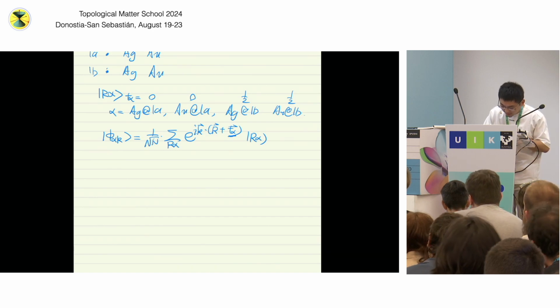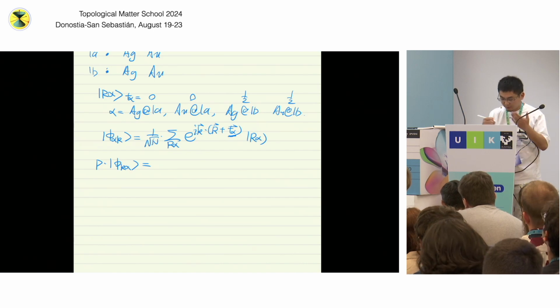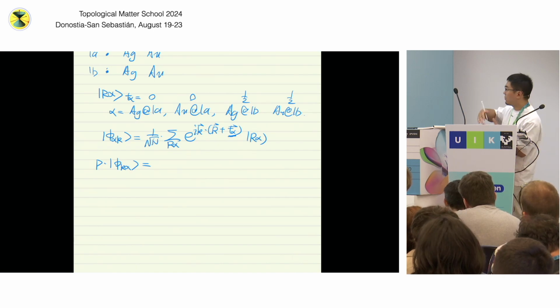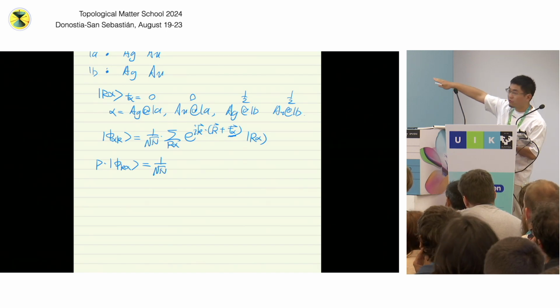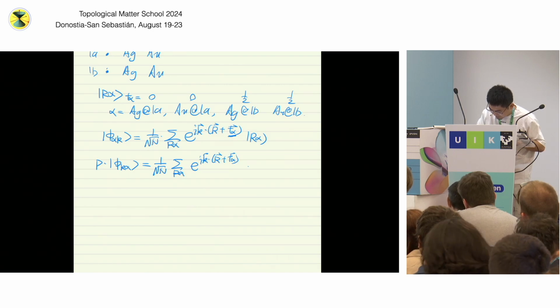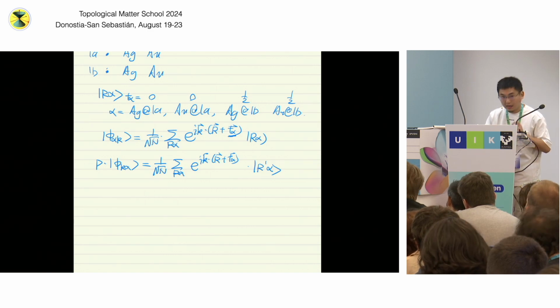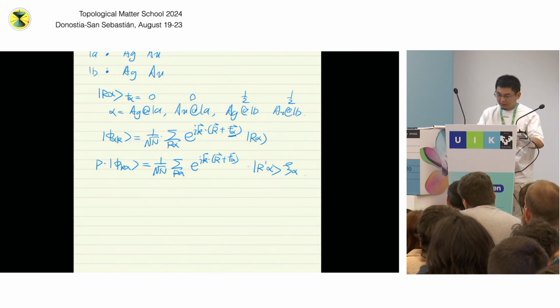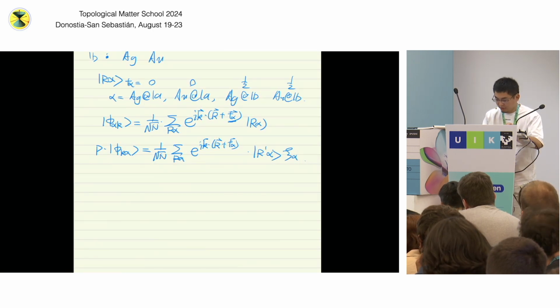Now let's try to apply the inversion operation to this Bloch basis. In the first line, we leave all the factors invariant, and this P only acts on the local orbitals R alpha. We denote the transformed state as R prime alpha, times chi alpha. So chi alpha equals 1 or minus 1, depending on the parity of the local orbital. For all the Ag orbitals, chi alpha is just 1.